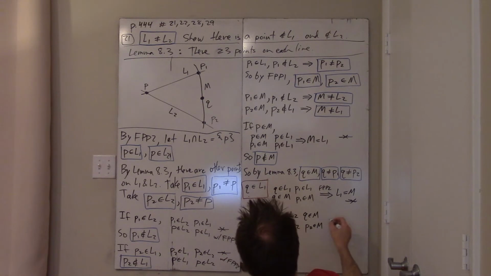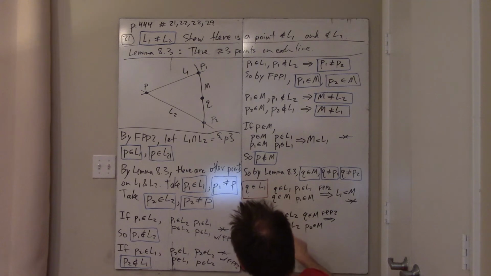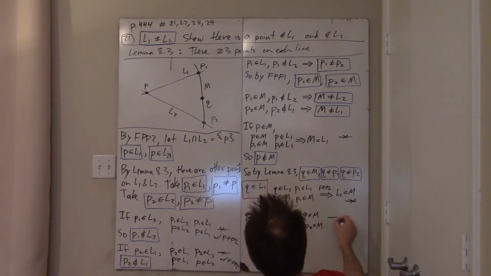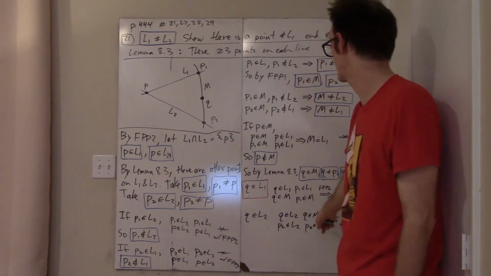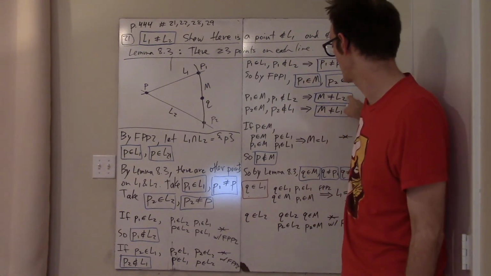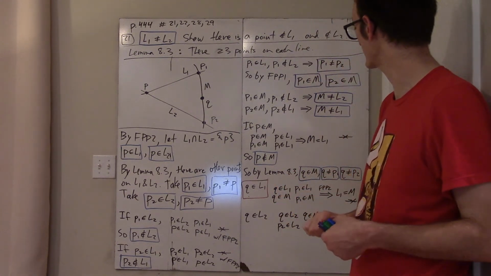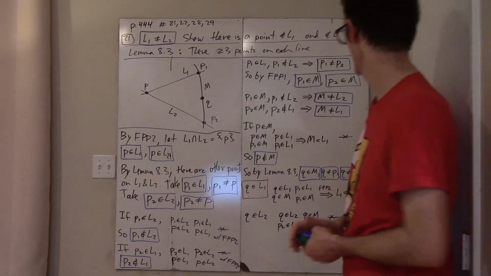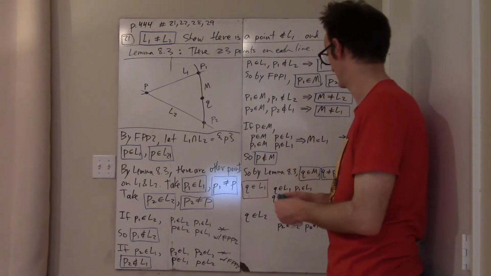And so now, according to FPP2, I guess it is maybe more clear to say from this that we just have a contradiction with FPP2. Because we've already shown that these two lines, M and L2, are distinct, and we know that these points Q and P2 are distinct, and so we have two distinct lines intersecting at two distinct points. I think that's a clearer way of concluding the argument.